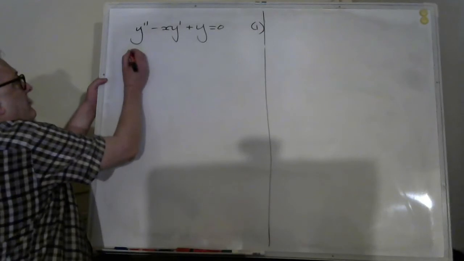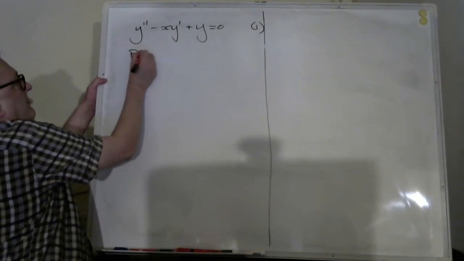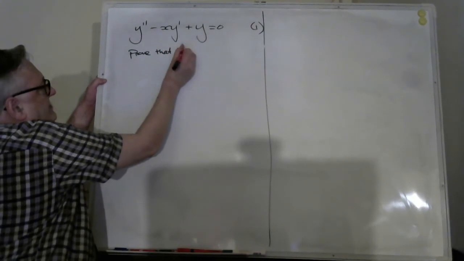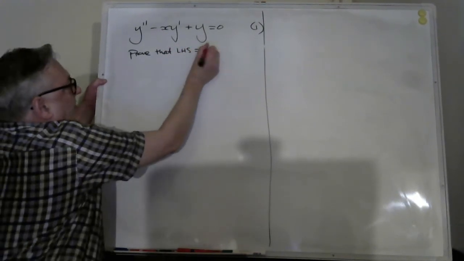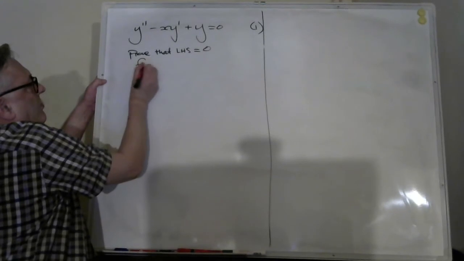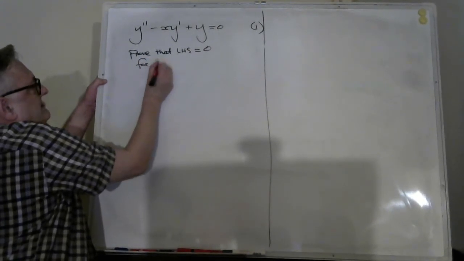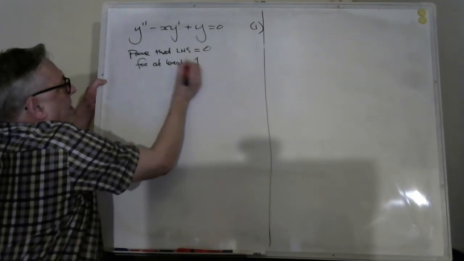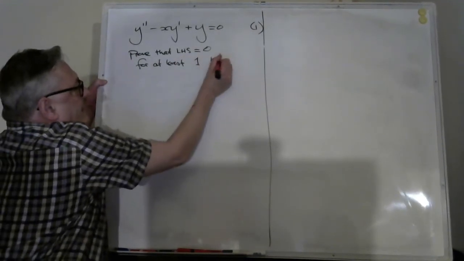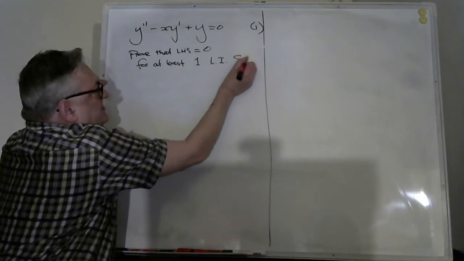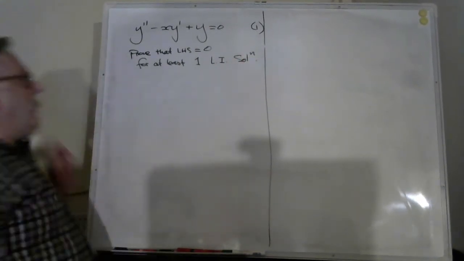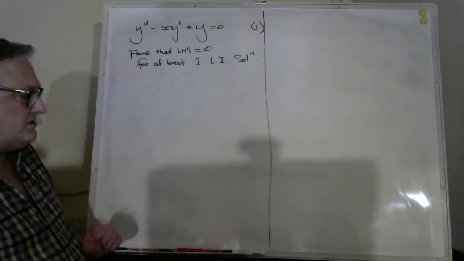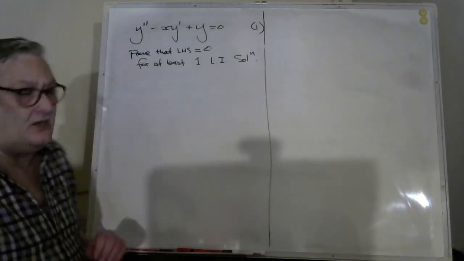We want to prove that the LHS, the left hand side, is equal to 0 for at least one linearly independent solution. And we have to find that first linearly independent solution. So let's make a start.